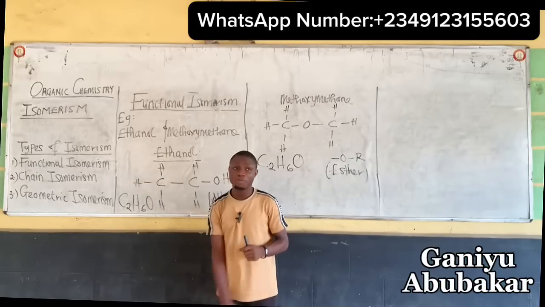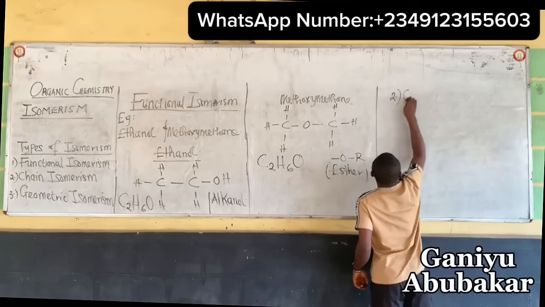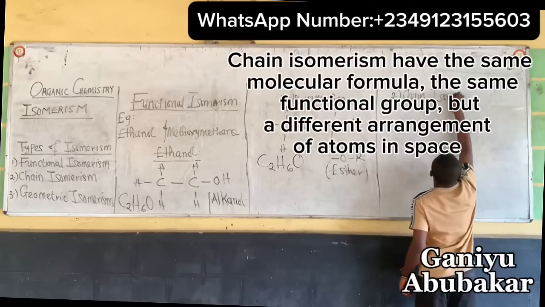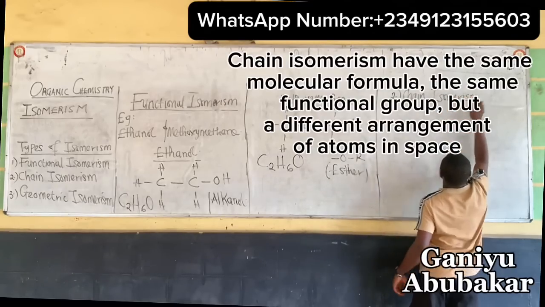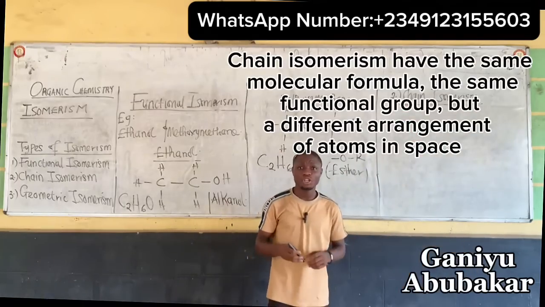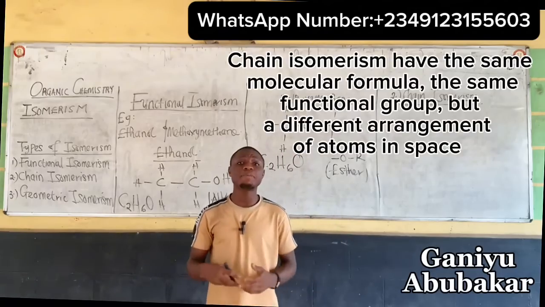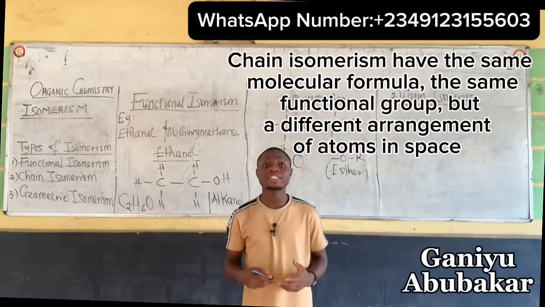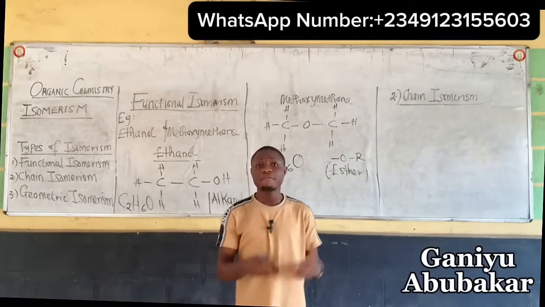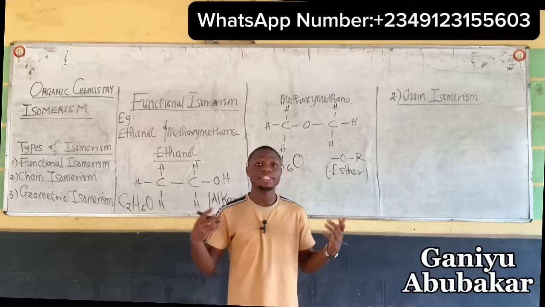Let's look at the second type of isomerism, called chain isomerism. Number 2, the concept of chain isomerism. By definition, chain isomers are isomers that possess the same molecular formula and the same functional group, but differ in the arrangement of atoms in space.